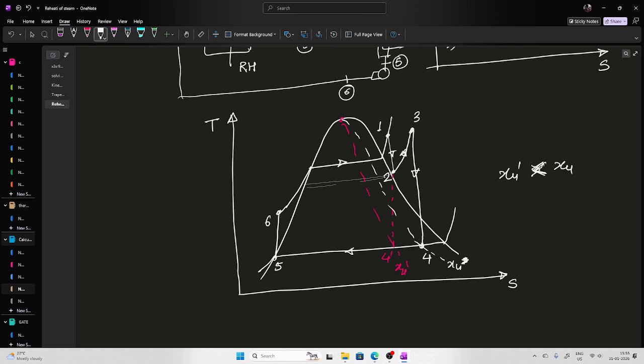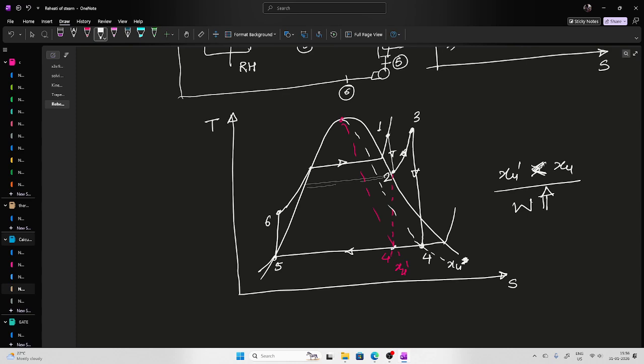And due to this, you have done two things. Not only have you increased the dryness fraction, but you have also increased the work output. Previously, this was your work output from 1 to this 4 prime. So now you are extracting the work till point number 2, and then from 3 you are extracting the work again. So due to reheating, not only does the dryness fraction improve, but also the work output increases.